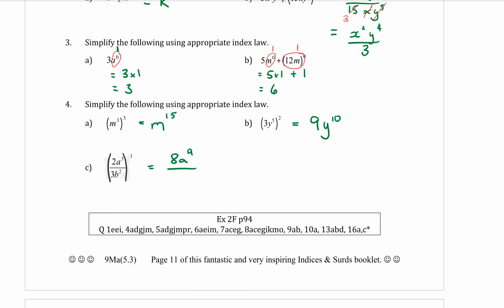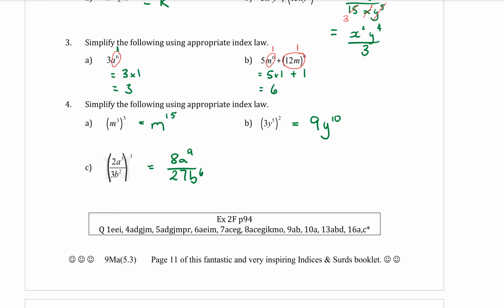Use your calculator. 3 to the power of 3 is 27. Okay? The B is the base. Multiplying the powers, 2 times 3 is, what did you say? 6. I thought you said 9. No, I said 9. It's a 6. That's it.